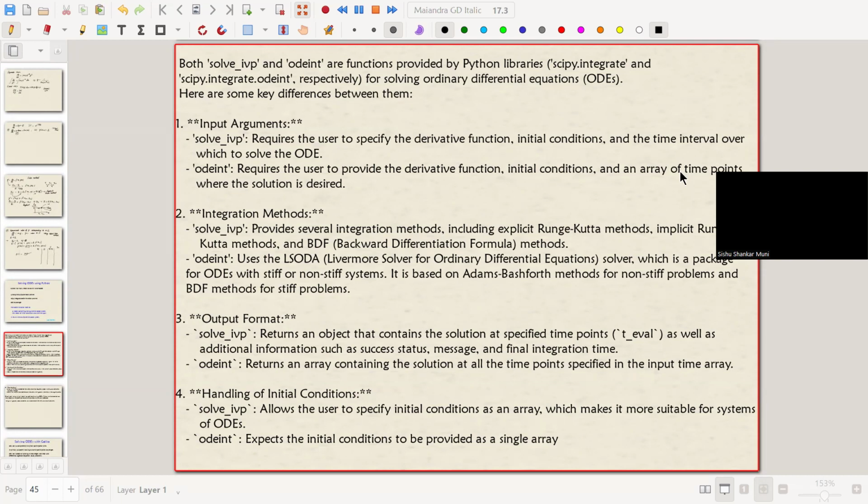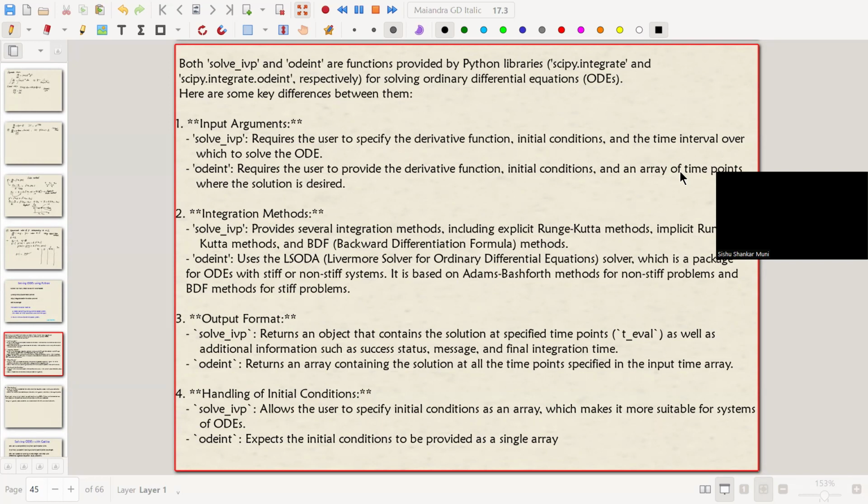But during the beginning of the class, I told you that these are not the only methods. There are situations where these methods will fail, and those systems are known as stiff systems. I will give a very nice example now. So in order to accommodate that, they are using this backward differentiation formula and other methods.